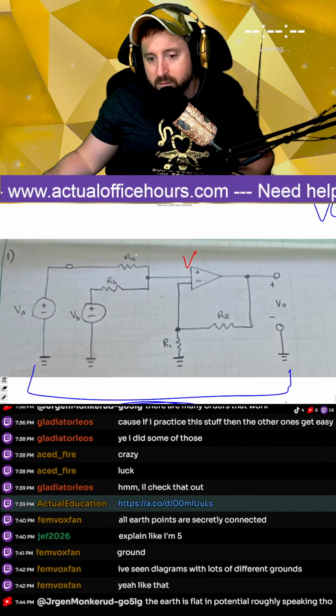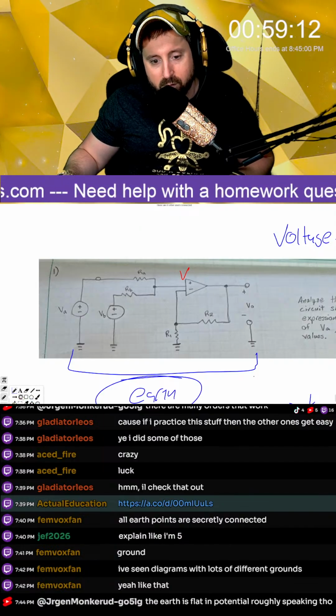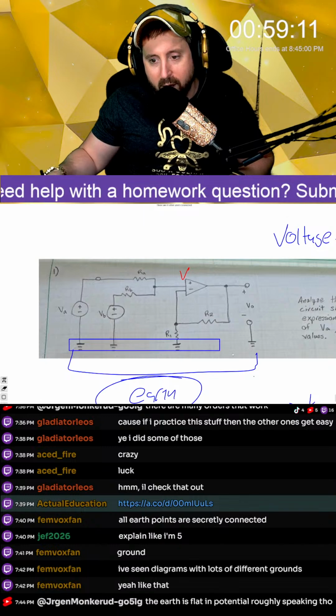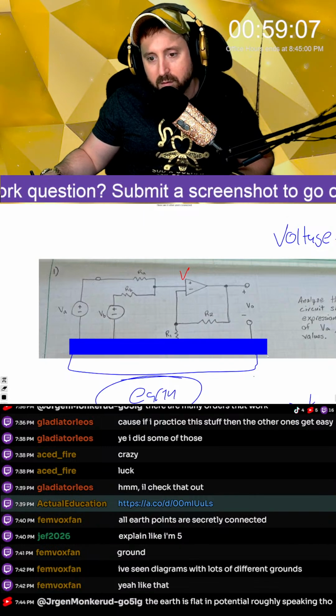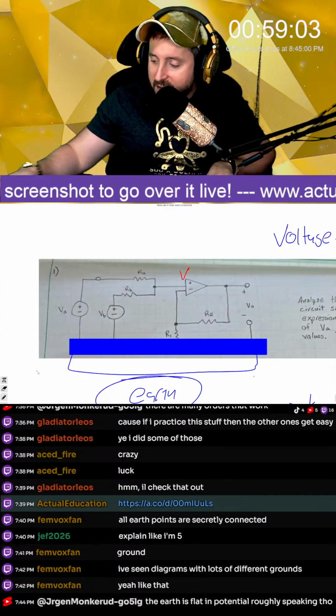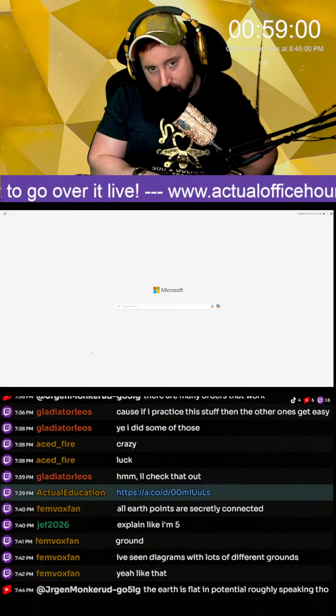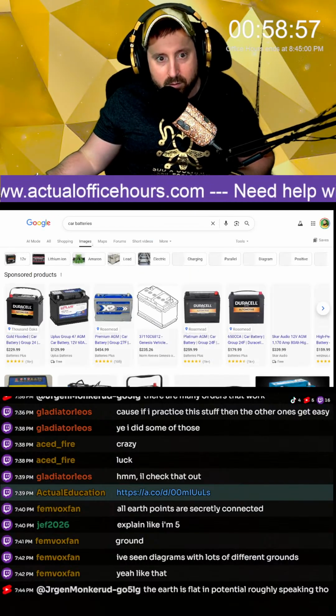It's like a bus bar, right? Like in a circuit in a car, sometimes we'll just throw wires onto the frame. That frame is just a massive bus bar that connects the entire circuit. That's another reason you'll see that in a circuit diagram on a car.